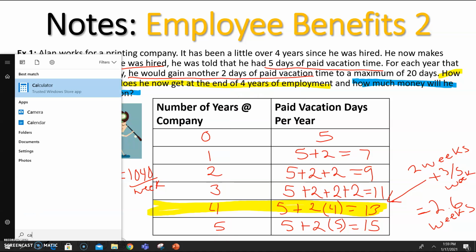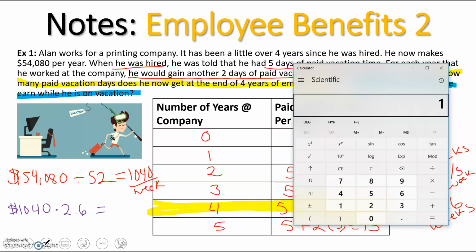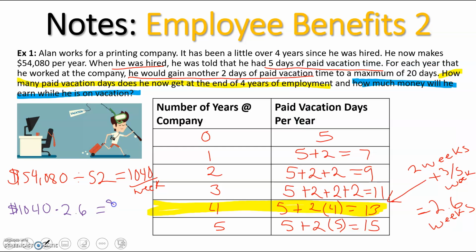Let's use our calculator again. 1,040 times 2.6 is $2,704. So the second question is how much money does he actually earn while on vacation? Alan will earn $2,704 while on vacation.